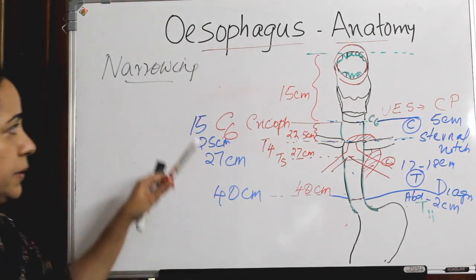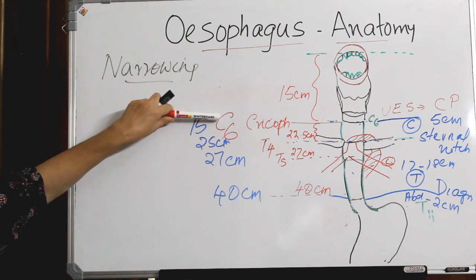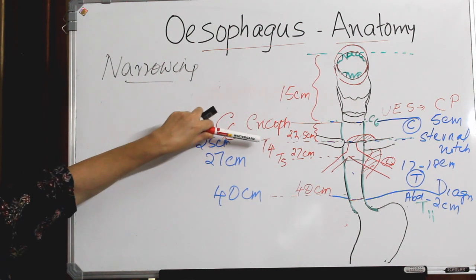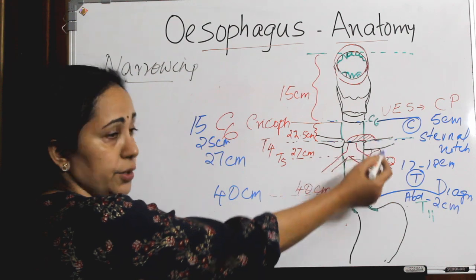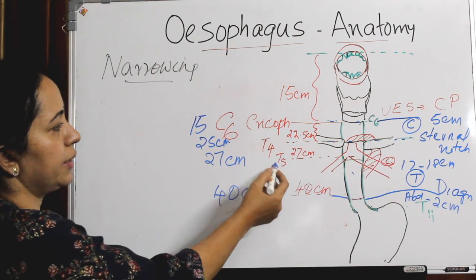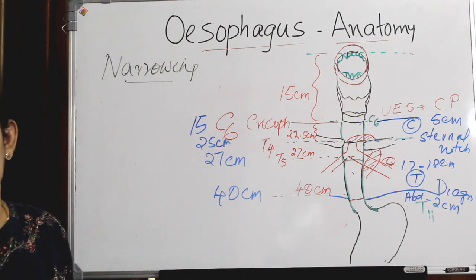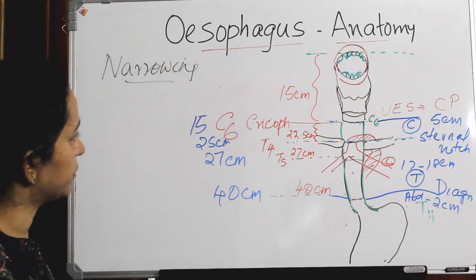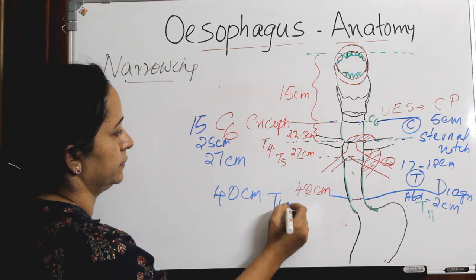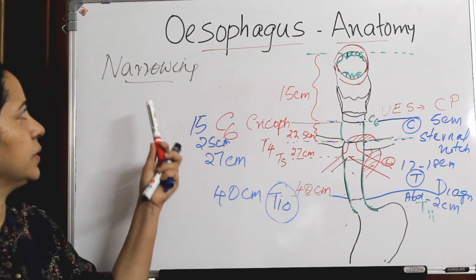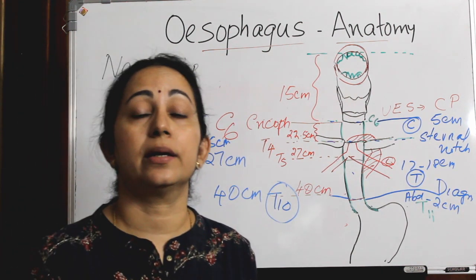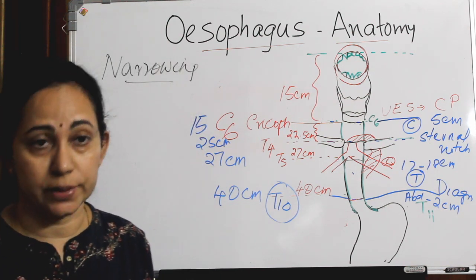So you have to remember this: 15 centimeters cricopharynx, that is C6; 25 at T4 crossed by the arch of the aorta; 27 at T5 by the left main bronchus; and 40 at the cardiac opening, which corresponds to T10. Okay, so these are the natural or anatomical narrowings or constrictions of the esophagus.